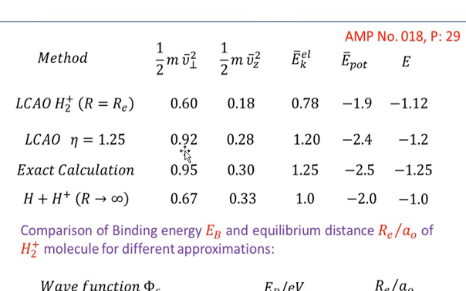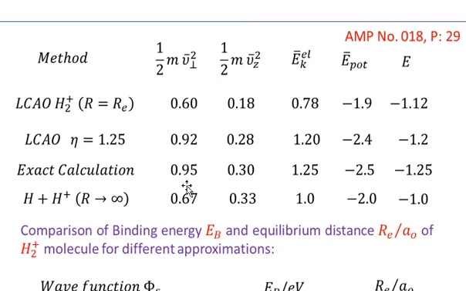That is, the kinetic energy in the perpendicular direction, in the x and y direction, is increased, and the energy in the z direction is also increased. The kinetic energy of the electron is also increased, and the magnitude of the potential energy is increased, but with the negative sign the value is decreased, and the total energy is minus 1.12, which is of course a negatively increased value.